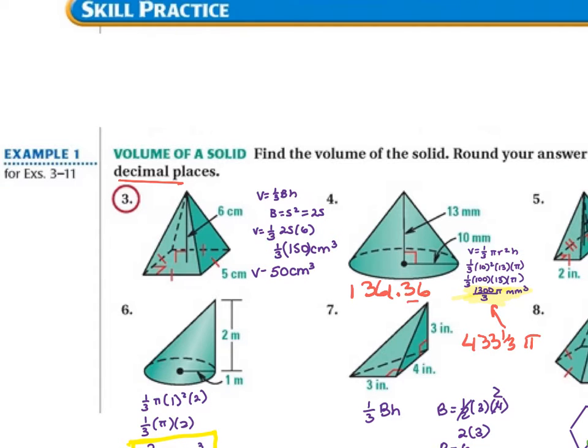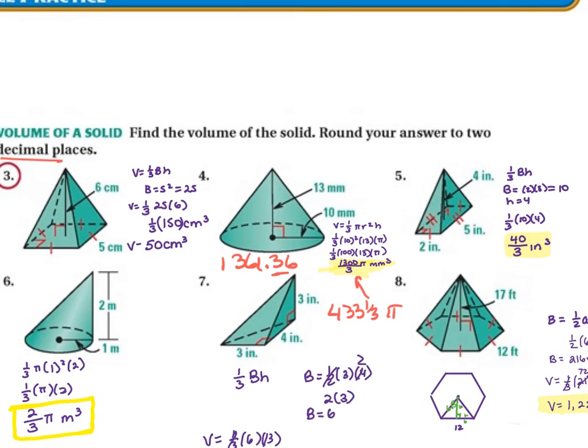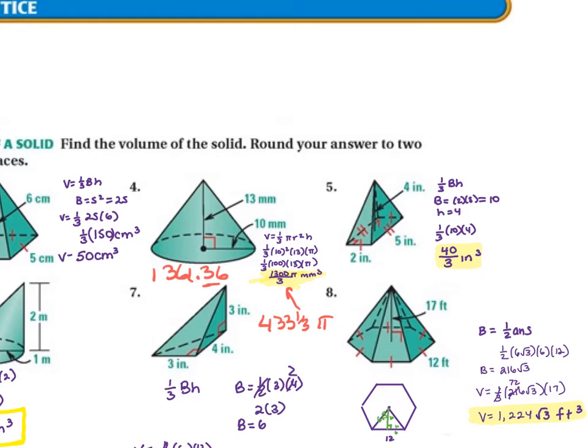So that would be rounded to 2 decimal places for number 4. For number 5, if we divide this, 40 divided by 3, this would have given us 13.3 repeating. I would have left it as 13 1/3 inches cubed. Whenever it's repeating, you might be better off leaving it as an improper fraction or a mixed number.